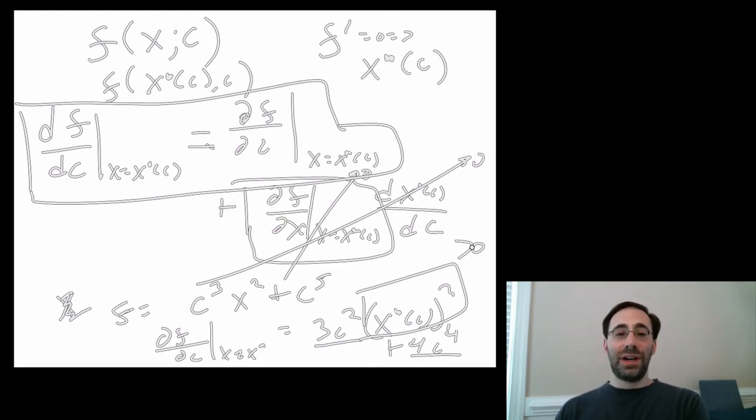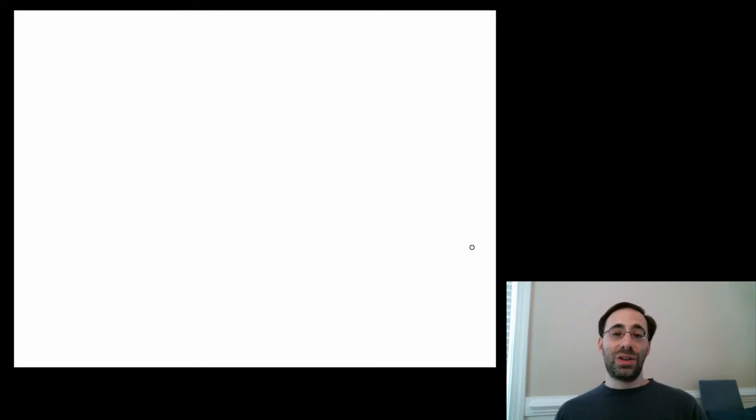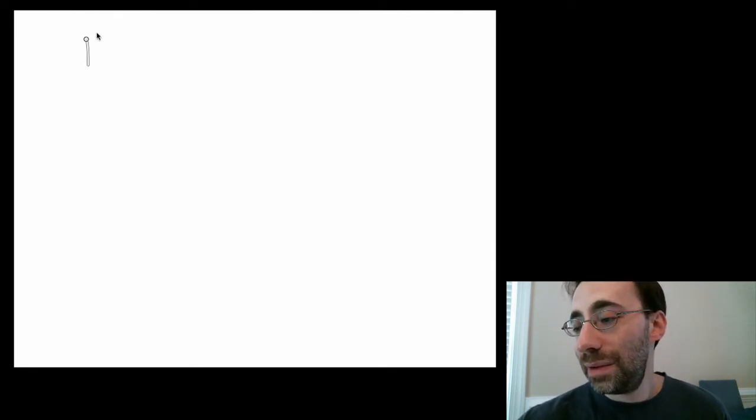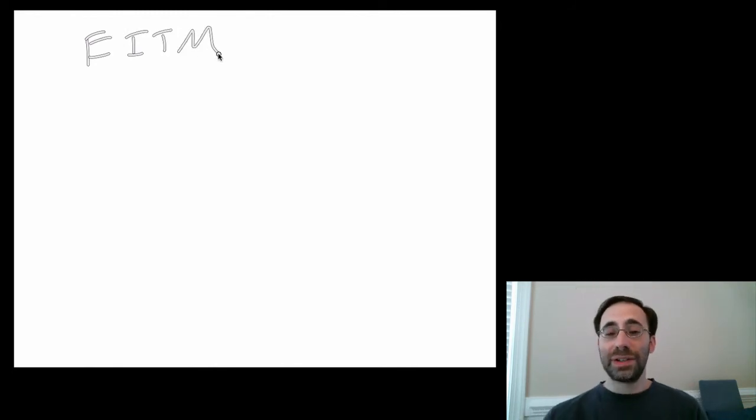One thing I want to close on is comparative statics, besides being very useful for game theory, also are centrally attached to the whole endeavor of EITM, which is a movement in political science, stands for empirical implications of theoretical models. And the idea is to connect your theoretical model, your formal model, to empirics. How do you do that?